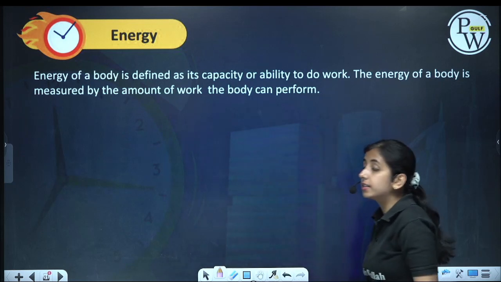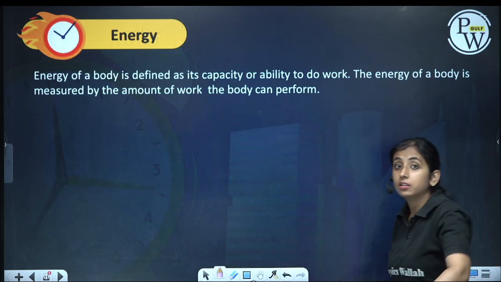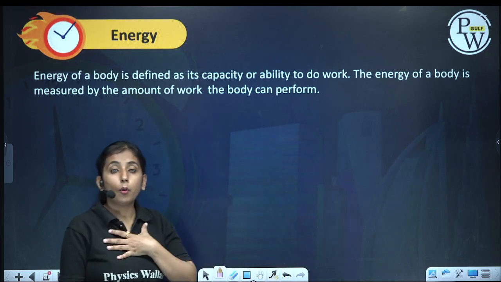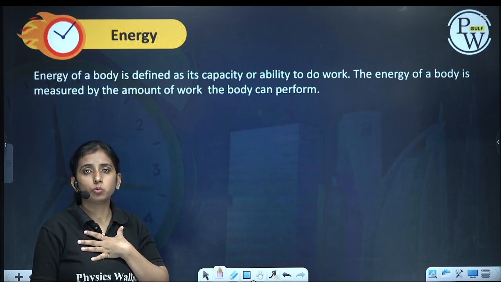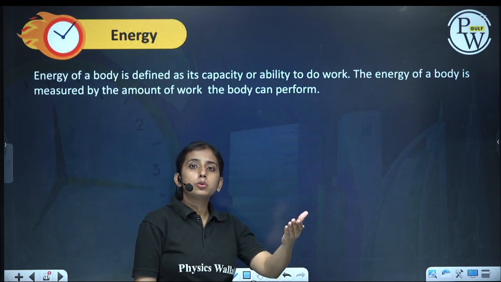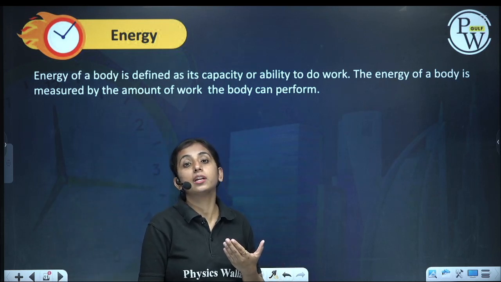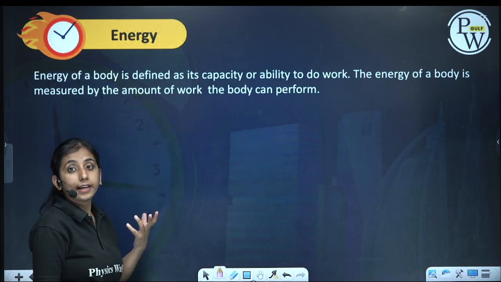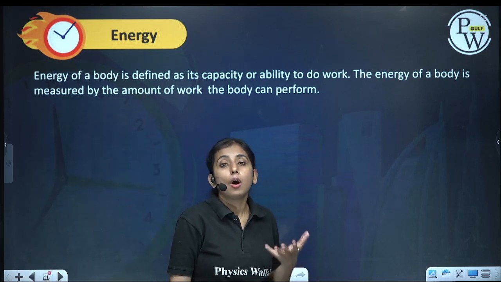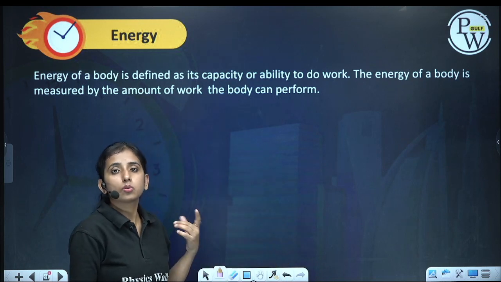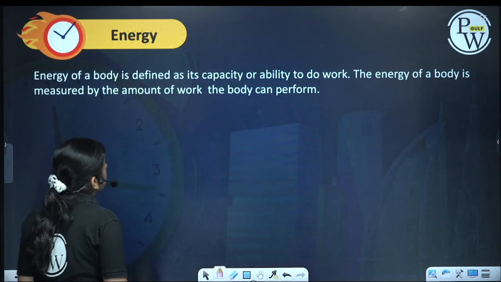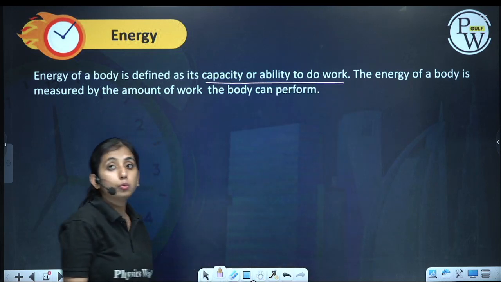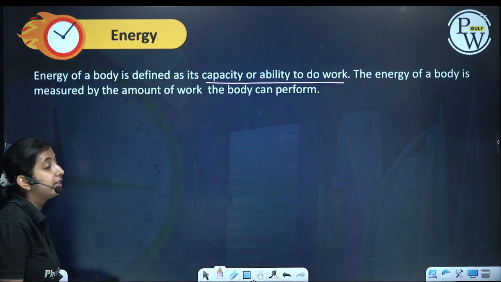So next is energy. What is energy? Whenever we are doing work, there is a capacity in our body to do work. We are able to do work when we possess some energy. So the capability or capacity or ability of a body to do some work is called energy. Energy is defined as capacity or ability to do work.